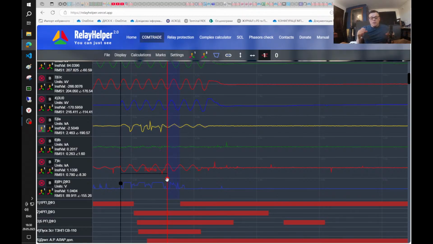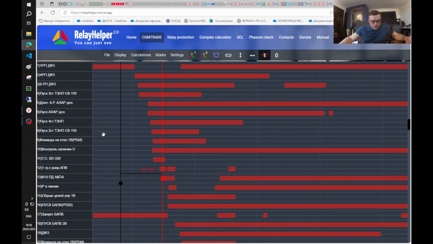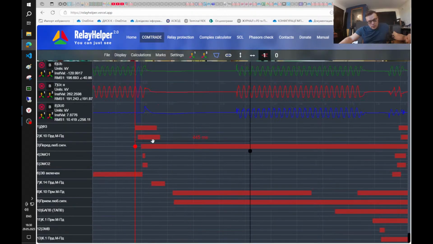On phase A we have high frequency filters with a line trap, and I believe that because of the damage to the CT, we received this pause, and phase differential protection worked on both ends. But at first the instantaneous overcurrent step worked, tripped the line and sent a signal to the opposite end.